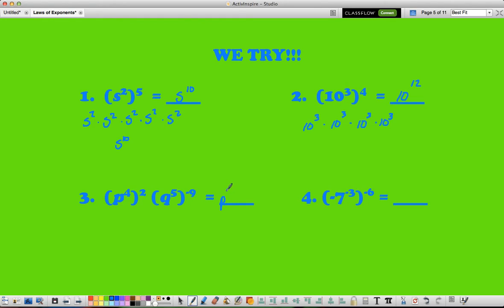So I know that that would mean p to the 4th times the 2, and then q to the 5th times the negative 9. Right? I do not combine these because 5 and 9 are only connected to the q, they're not connected to the p. So in this case, I would have p to the 8th, q to the negative 45th.